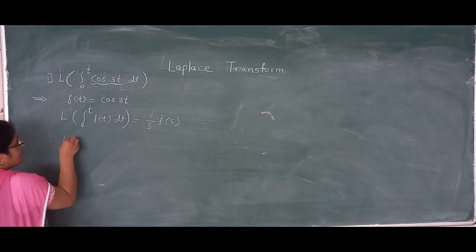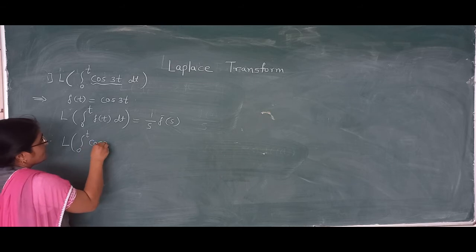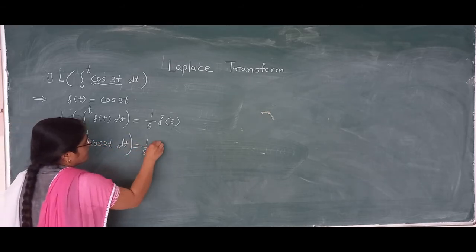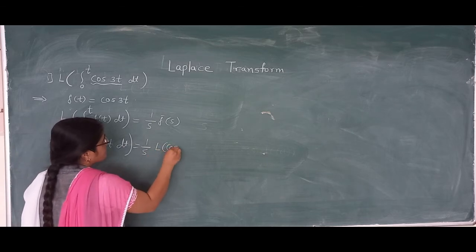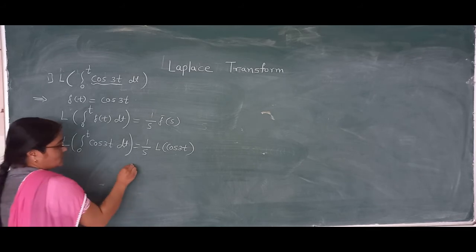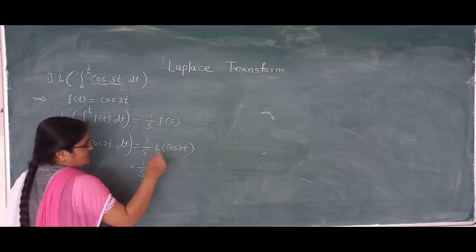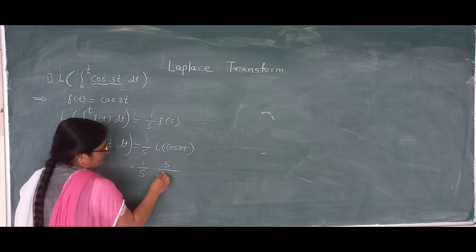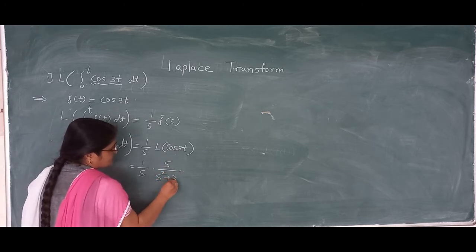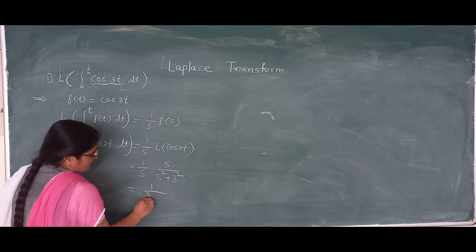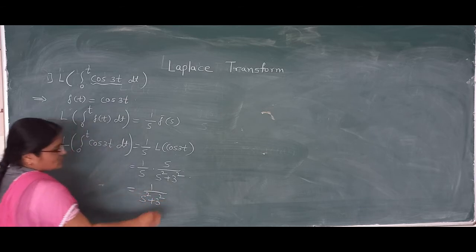Therefore, Laplace of integration 0 to t cos 3t dt is equal to 1 by s Laplace of cos 3t, which is equal to 1 by s into s upon s square plus 3 square. Therefore, the answer is 1 upon s square plus 3 square.